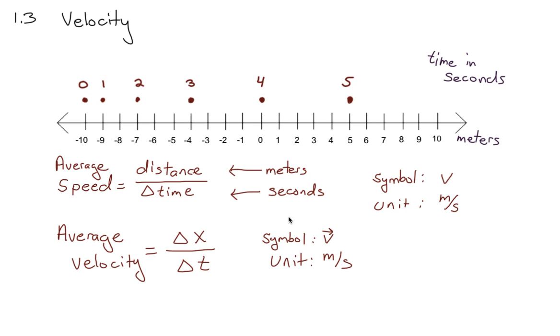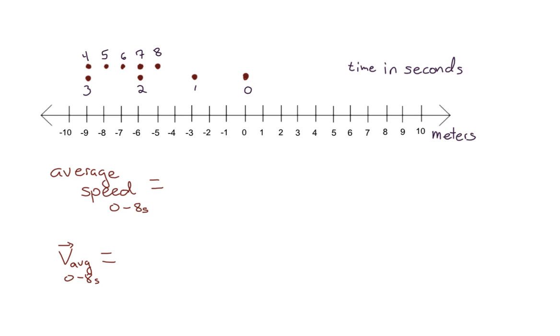The symbol that we typically use for average velocity is a V with an arrow, and typically we actually write AVG, or average, to signify that this is an average velocity. And the unit again is meters per second. And how are these quantities different? I'll try to show that in the next slide where we do some calculations.